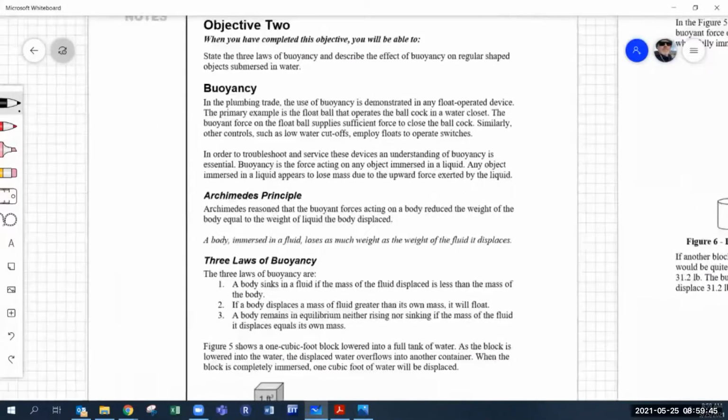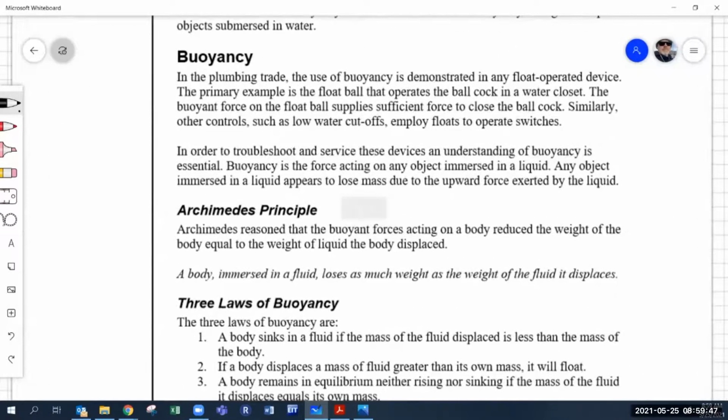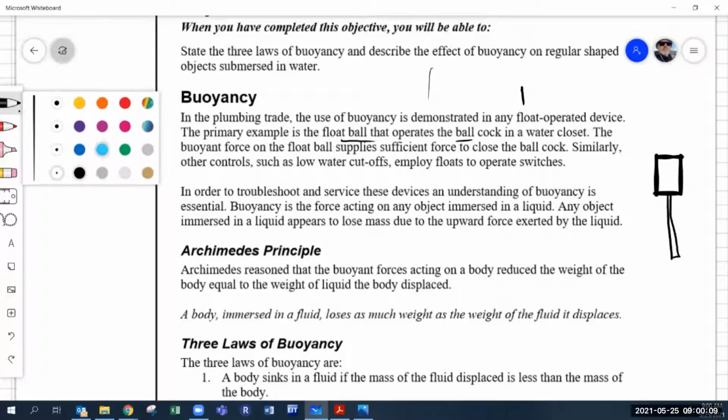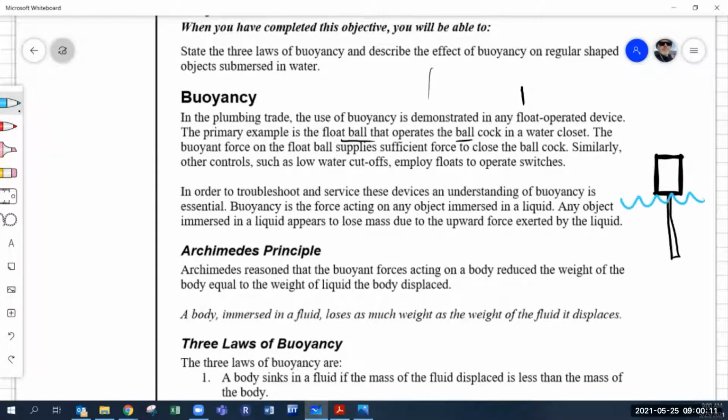Now, in the plumbing, first off, buoyancy is demonstrated by any float operated device, like a float ball that operates a ball cock in a water closet. It's a simple thing: as the water level rises, so does the float, and it just rises and shuts off the water.